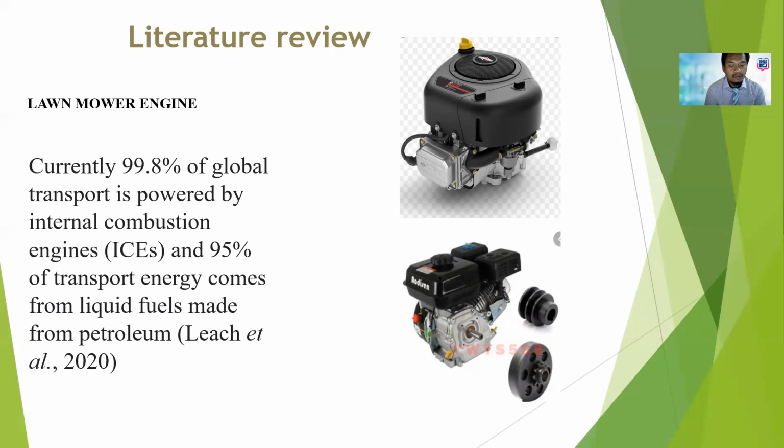Most of the lawnmowers in the market use the internal combustion engine to transmit power to the cutting blade by rotational motion. According to Leach, 2020, currently 99.8% of global transport is powered by internal combustion engines, and 95% of transport energy comes from liquid fuel made from petroleum. Because of this, most of the lawnmowers in the market use the ICE, internal combustion engine.